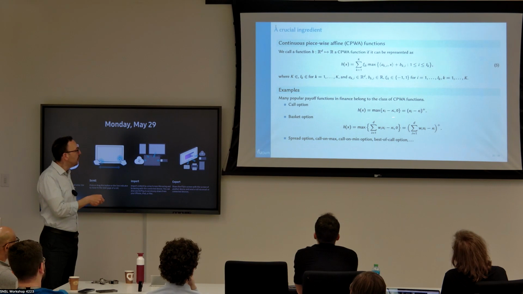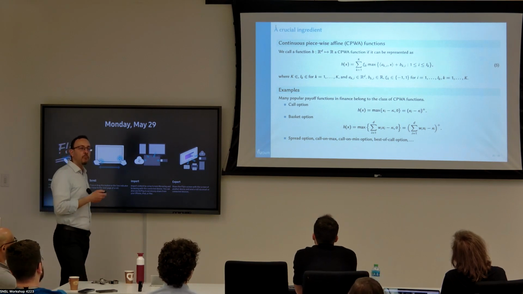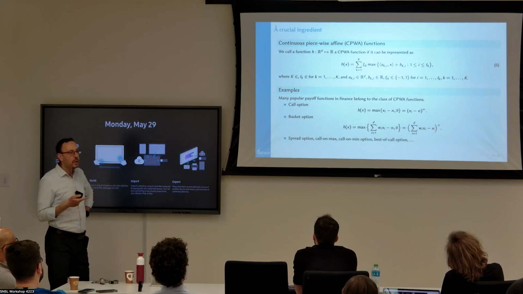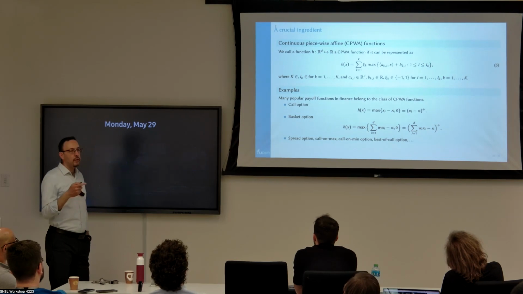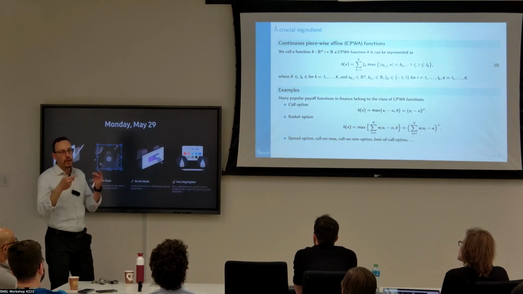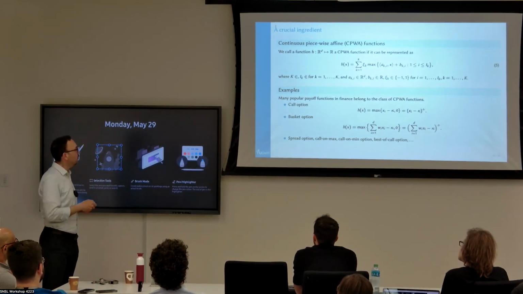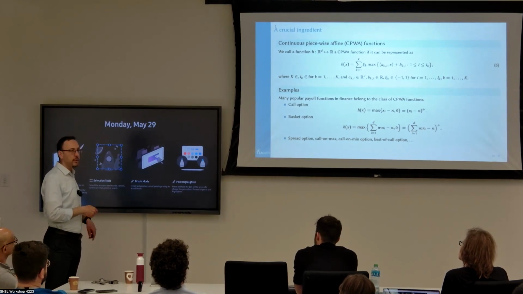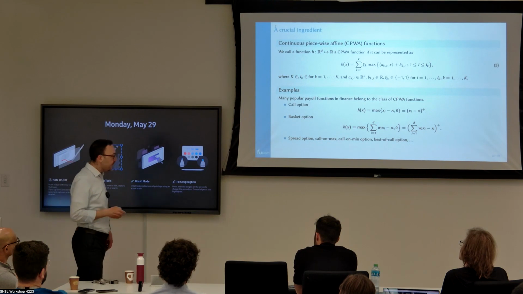Okay, so call options fit, basket options fit, all these derivatives fit. What doesn't fit are, well, digital options that we had before, but these are rarely traded. And also options that take a square don't fit, but they are also not heavily traded. Okay, so a lot of what is liquidly traded in the market fits in our framework.